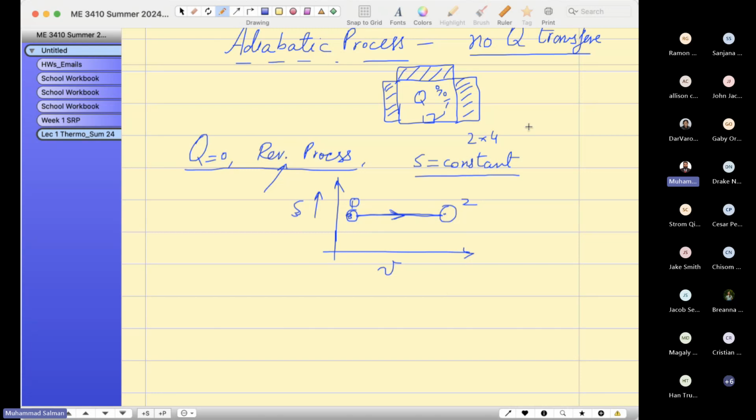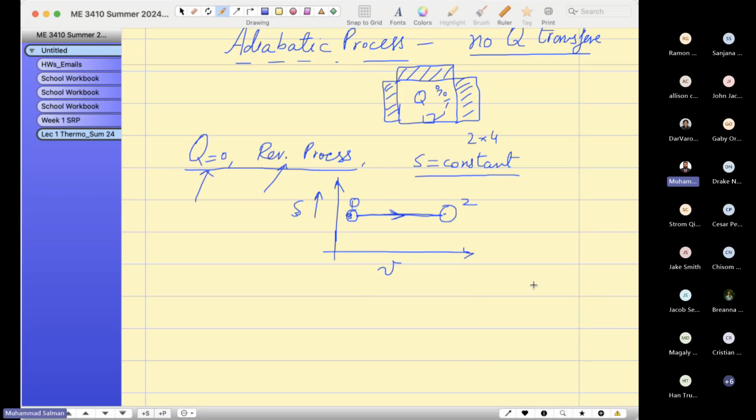Entropy is constant. Let me tell you, entropy is the amount of energy. It is telling you the quality that during the process, if you lose energy to the environment, then you are increasing the entropy of the system. If you have a constant entropy, it means you are not losing energy to the environment.